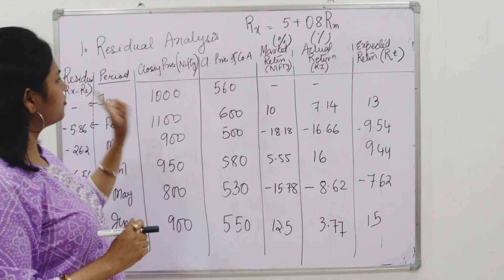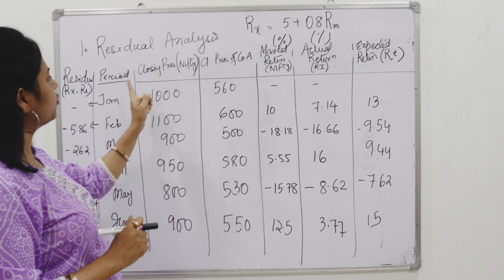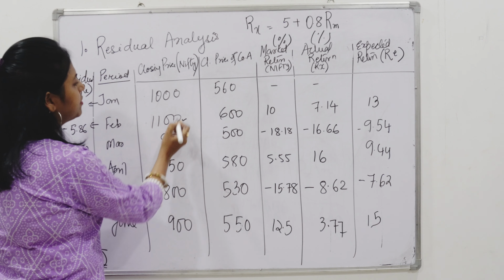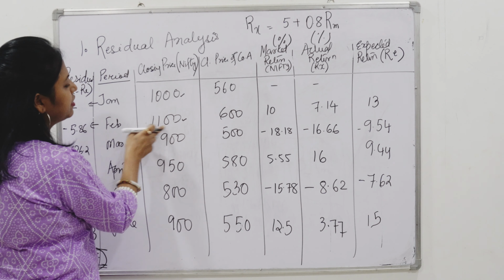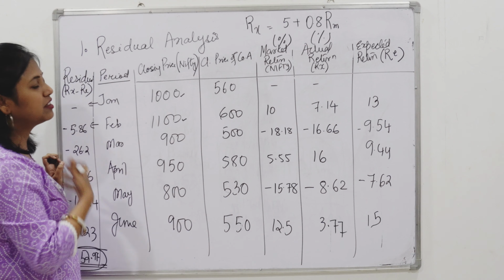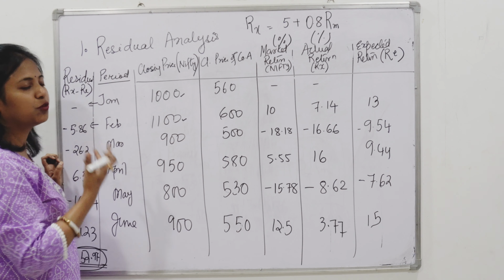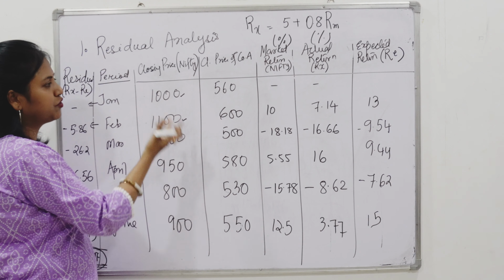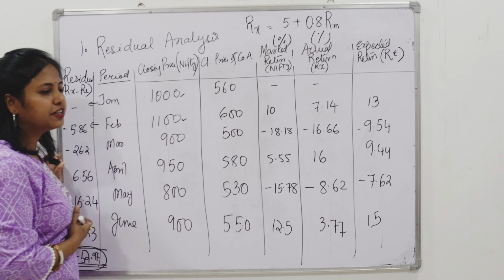From this we will first find out the market return and my actual return from company A. For the market return, I will take this minus this, that means 1100 minus 1000 divided by 1000. This will tell me the closing price change of the Nifty, and I will convert it into percentage.